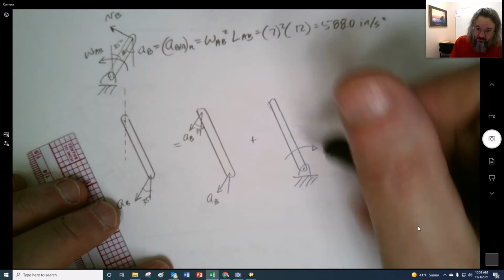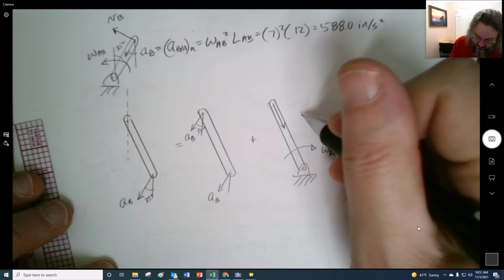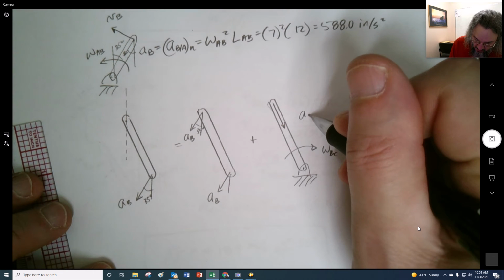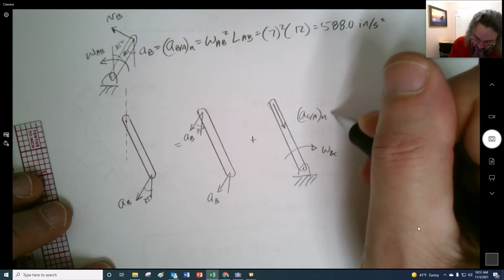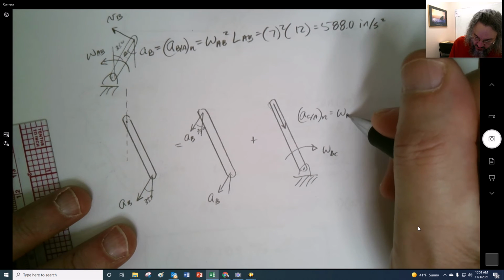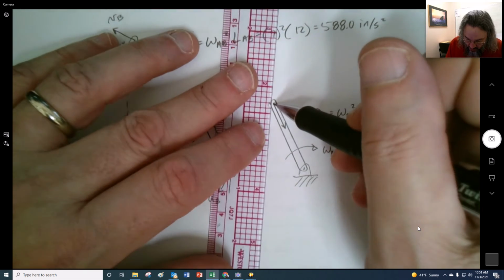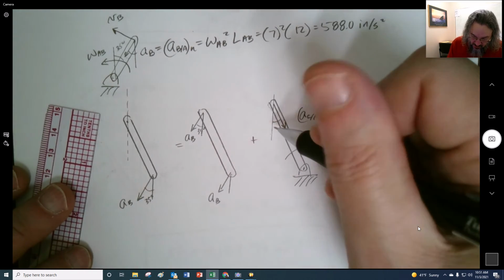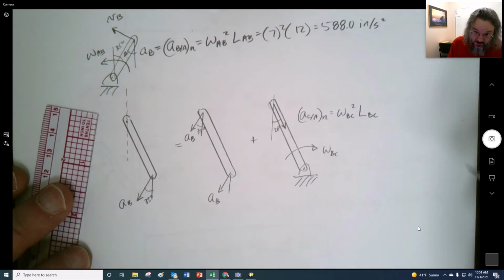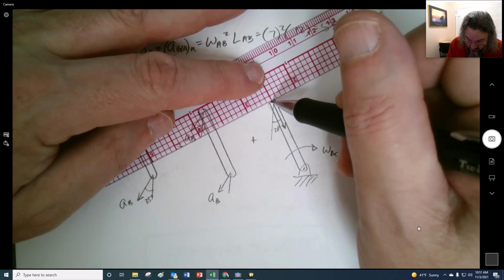We don't really care about the direction, but we do know that's going to cause an acceleration of c with respect to a in the normal direction, which is going to be omega BC squared times LBC. And while we're at it, let's be a little careful here and remember we know that angle is 20 degrees right in there.